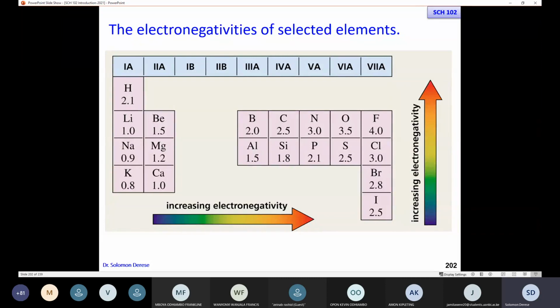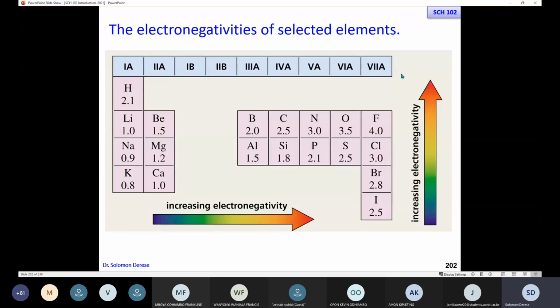So if you look at the periodic table, the electronegativity varies following a certain trend. So as you go from left to right in the periodic table, electronegativity increases. As you go from lithium, beryllium to boron to carbon, nitrogen, oxygen, fluorine, like that, as you go from left to right, electronegativity increases.